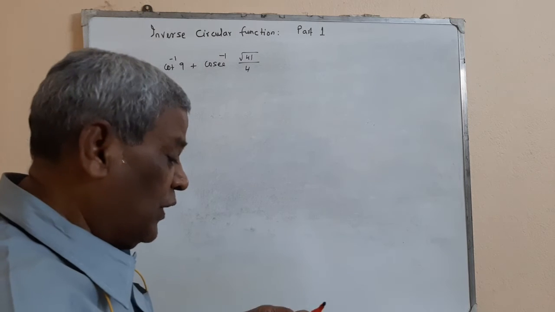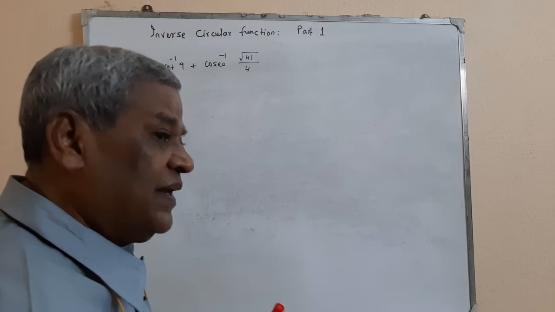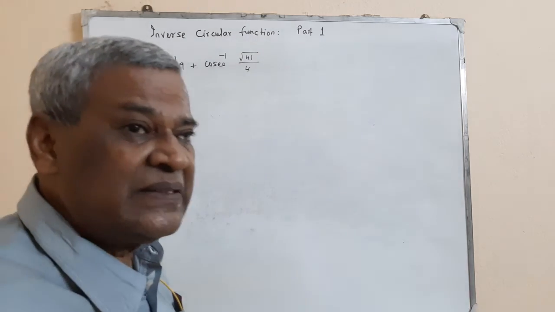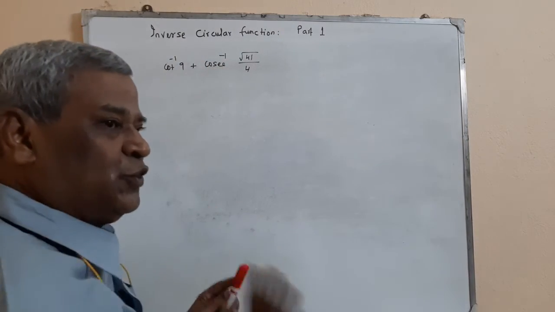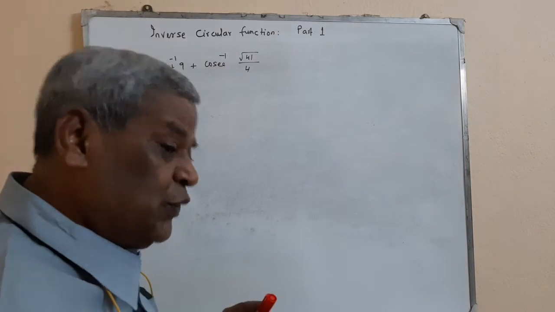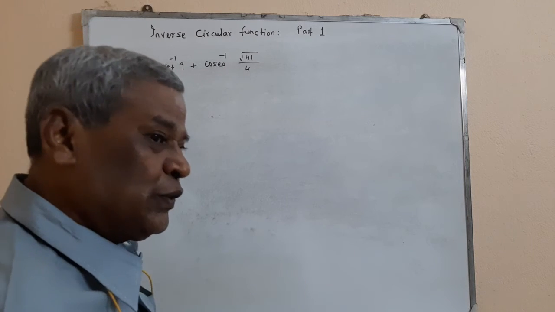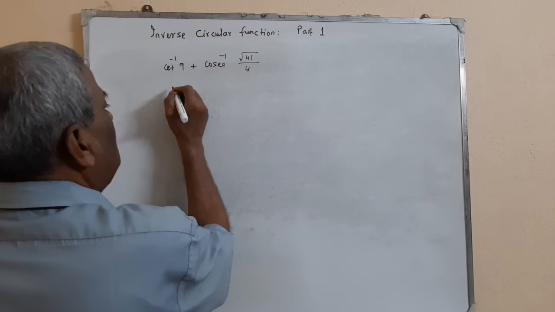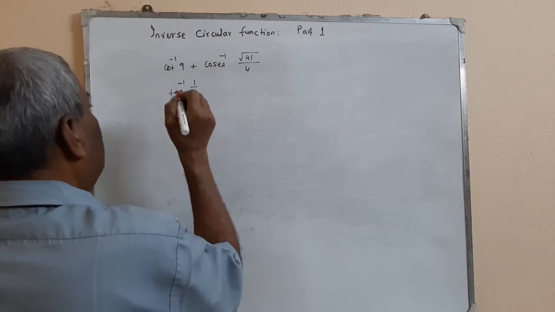But we have only formula sine inverse x plus sine inverse y, cos inverse x plus cos inverse y, tan inverse x plus tan inverse y, but not cot inverse plus cosec inverse, no formula is there. So we have to convert this and that both to tan inverse something. First one is very simple. It is tan inverse of 1 by 9.